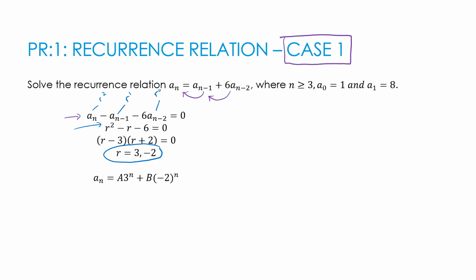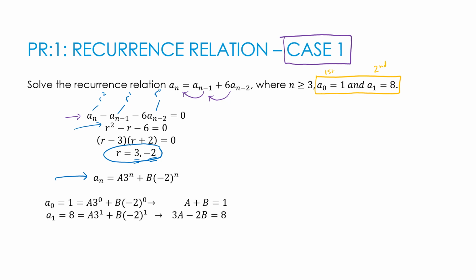Step 3 is to use the same format that I used last time, which says I'm really just taking each root to the power of n, and a and b are two distinct values. From here, I'm now going to use my initial conditions. So here's my two initial conditions, which means I'm going to get my first equation from here and my second equation from here.